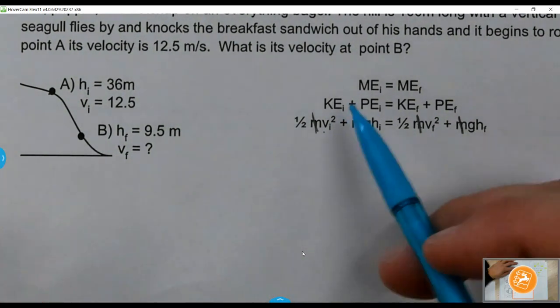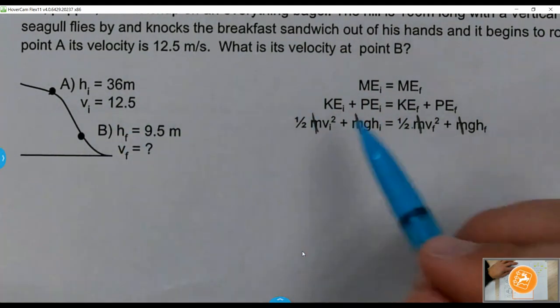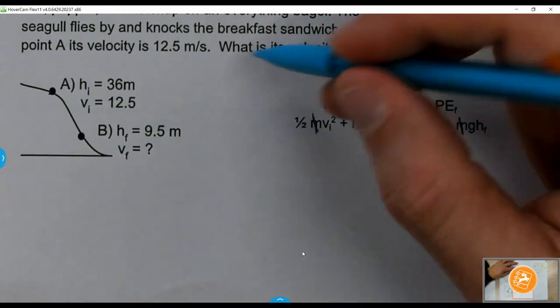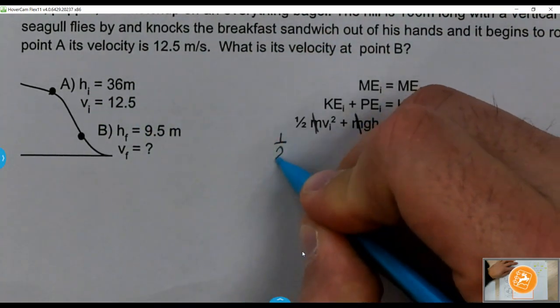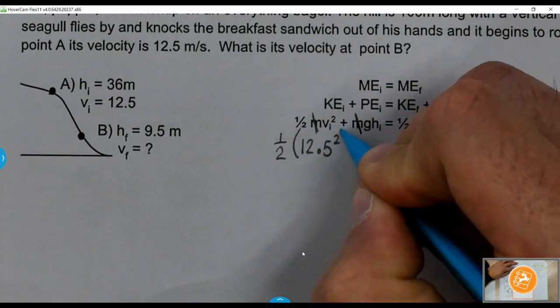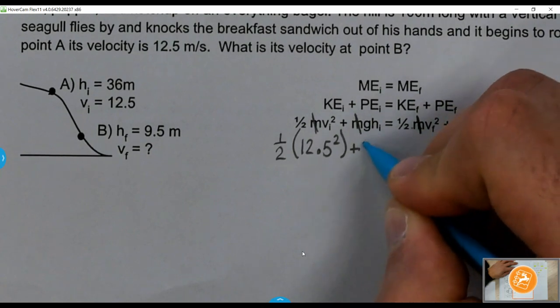Your next step is to put in your variables underneath each one of these terms. So VI is 12.5, so you're going to write 1/2 times 12.5 squared plus, we canceled out the m, so we're going to use g.